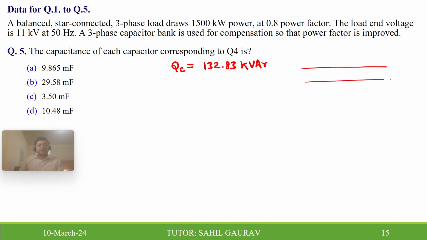Since the capacitor bank is in a star connection, you can draw another line that is connected with the neutral.